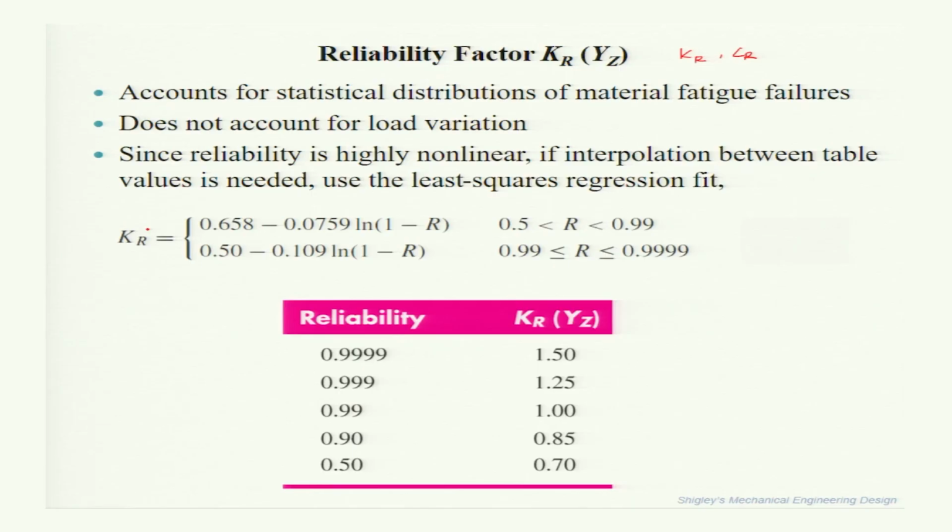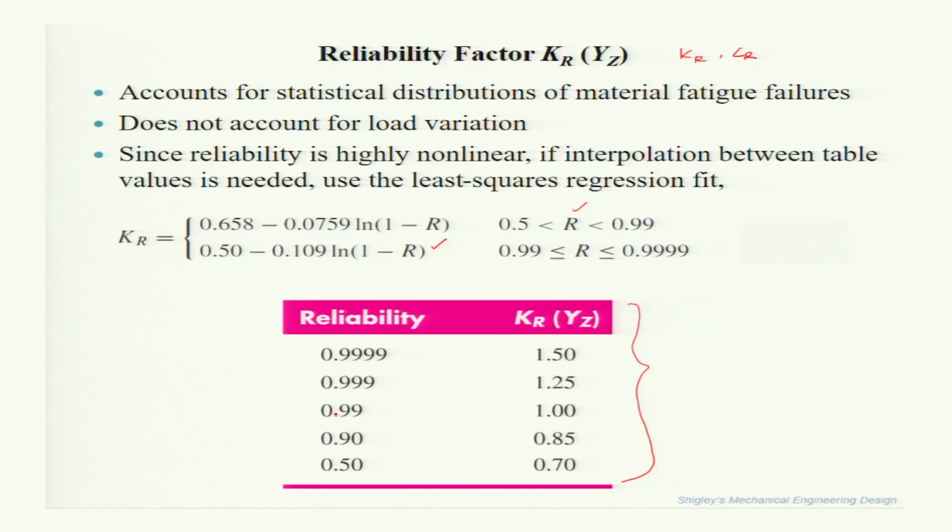The value of KR depends on the range of reliability you want. If the reliability you want is greater than 50% but less than 0.99, then this is the formula. If the reliability is greater than or equal to 0.99 but less than or equal to 0.9999, then you have to use this formula, or you can use this table value also, to get the value of KR or CR.